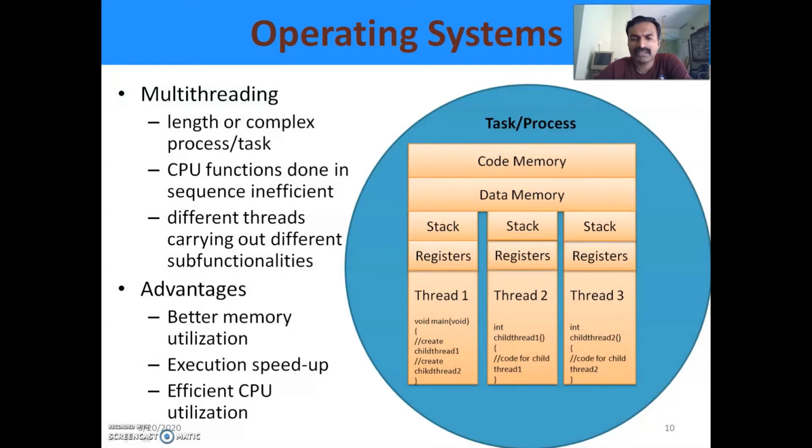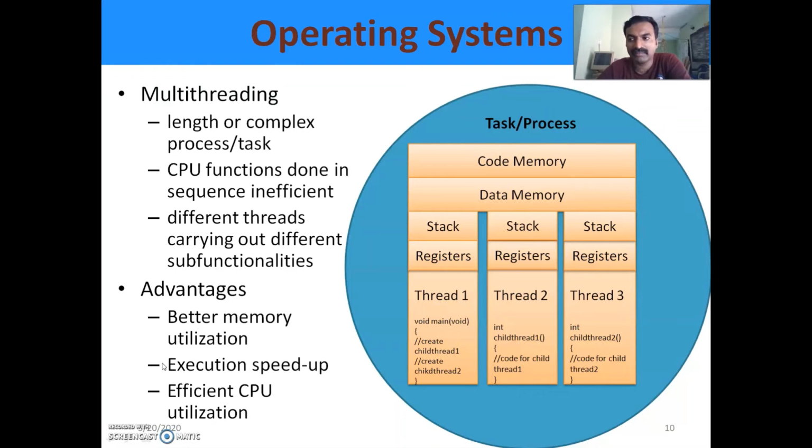The advantage of this is better memory utilization, because there is a shared address space. The data memory and the code memory are shared. The execution speed is also increased, because if one thread is waiting for some IO operation, the CPU would also be waiting.